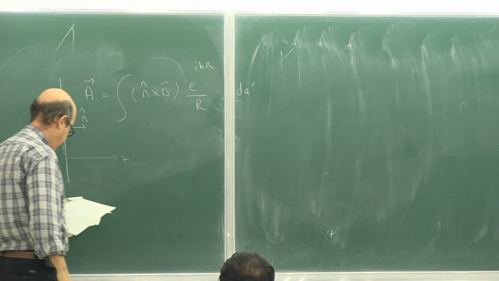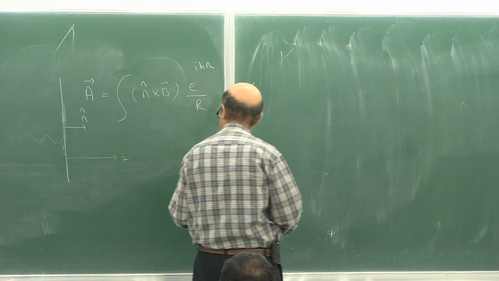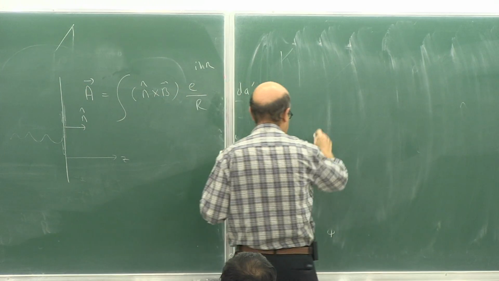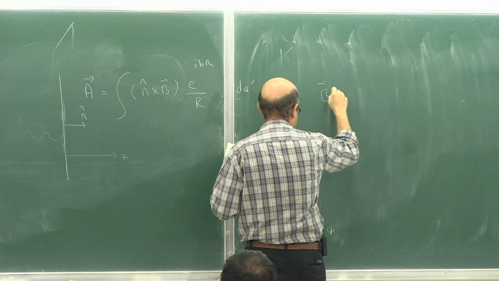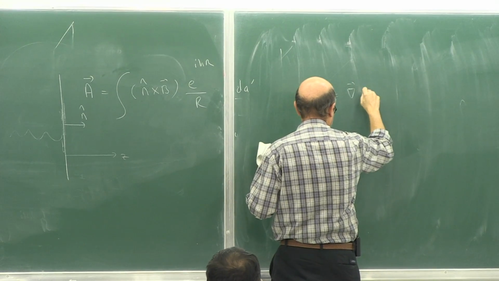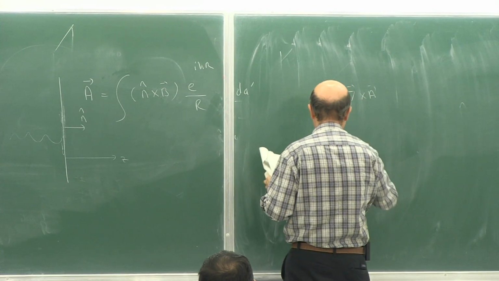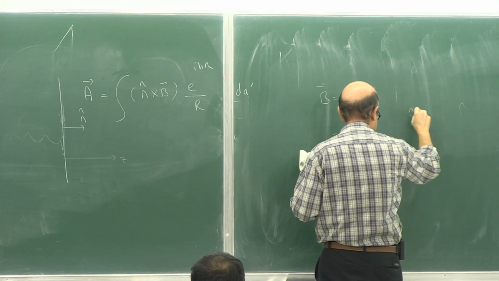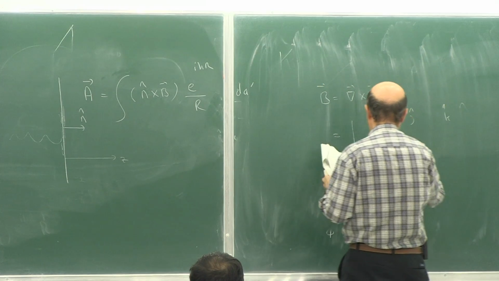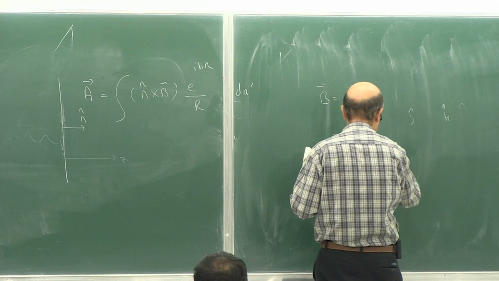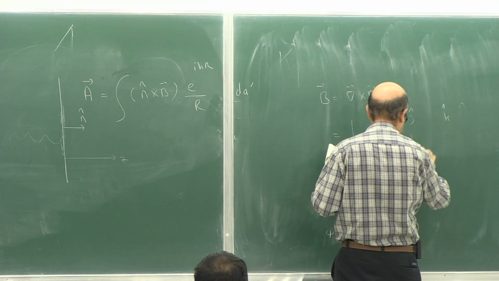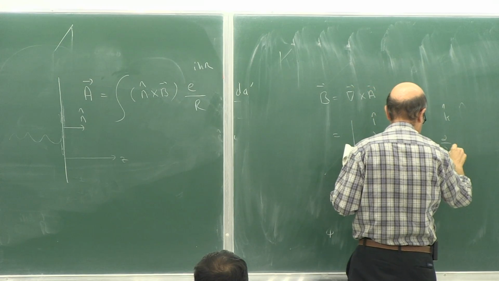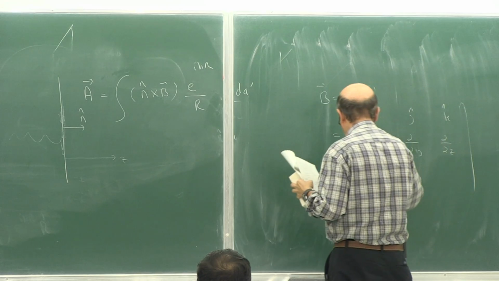And B is nothing but the curl of A, and that is equal to the determinant with i, j, k, del over del x, del over del y, del over del z. And what else?